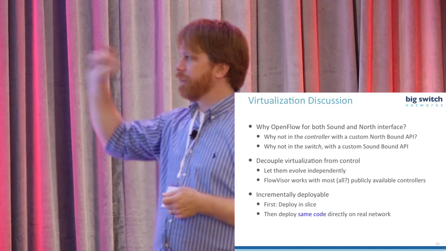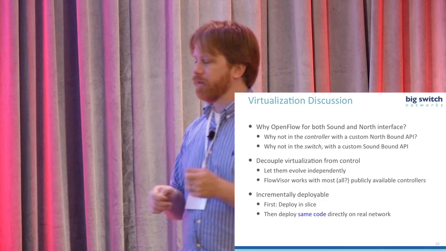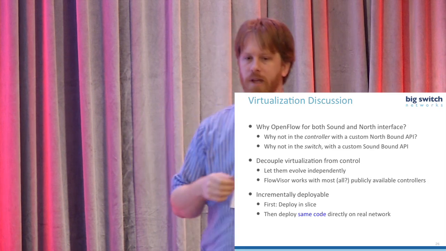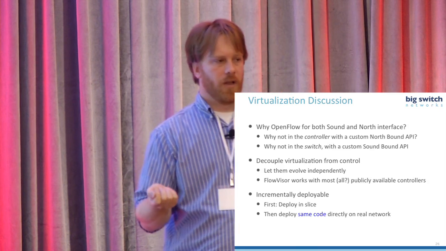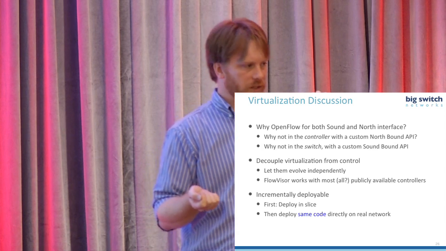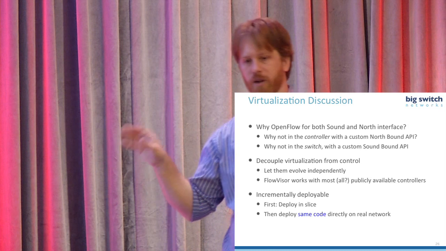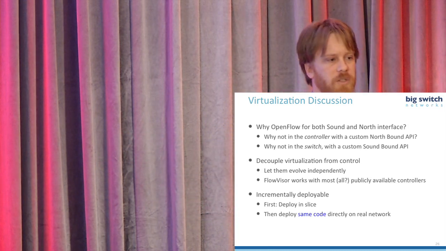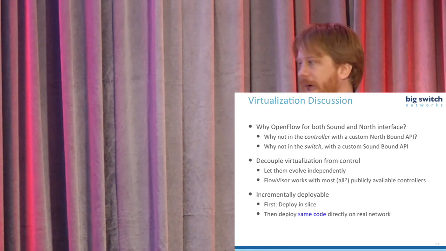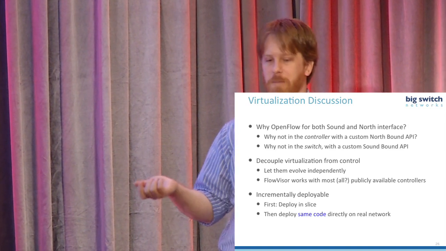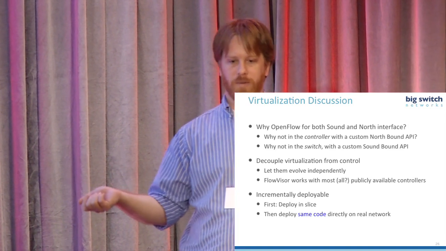The main reason why I think it's actually important that the virtualization layer be transparent and from OpenFlow to OpenFlow is it lets you decouple the virtualization, which is itself a hard problem, from the forwarding control, which is another hard problem. For all the controllers that we'll be talking about today, a lot of them came after FlowVisor, but they all work with FlowVisor.